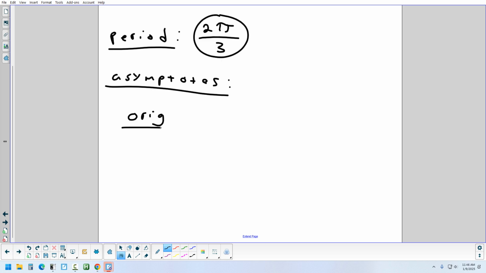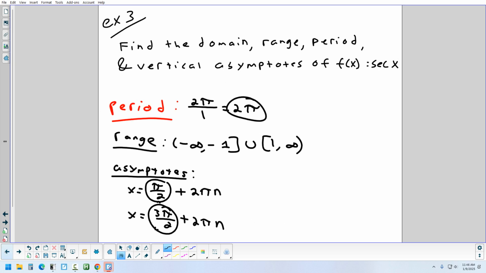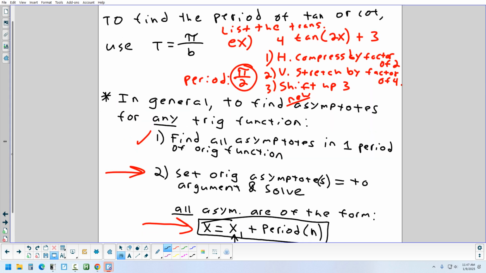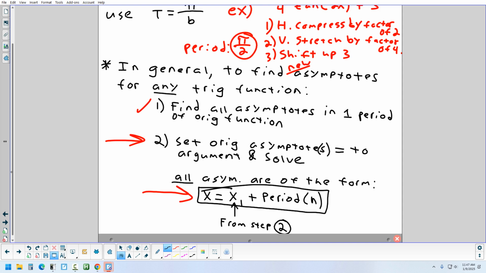They want the new ones, but let's start with the originals. 0 and pi. Okay, let's go to our directions. It says find the original asymptotes.